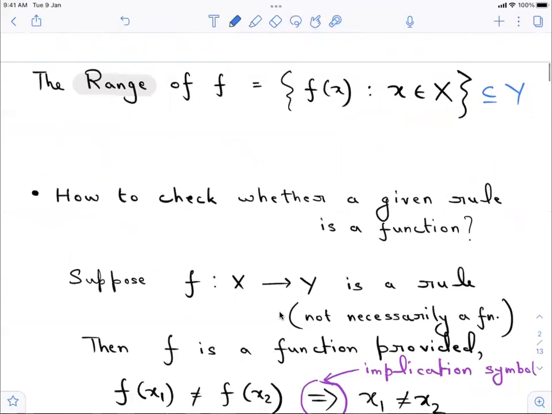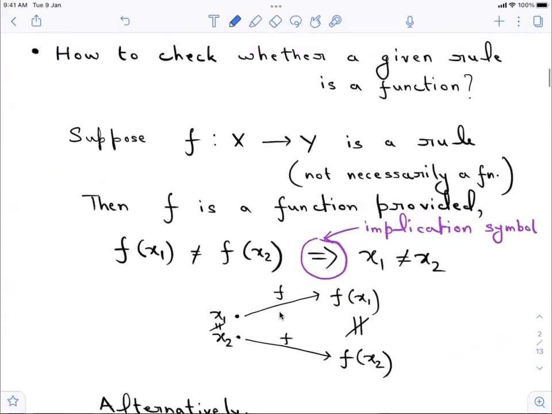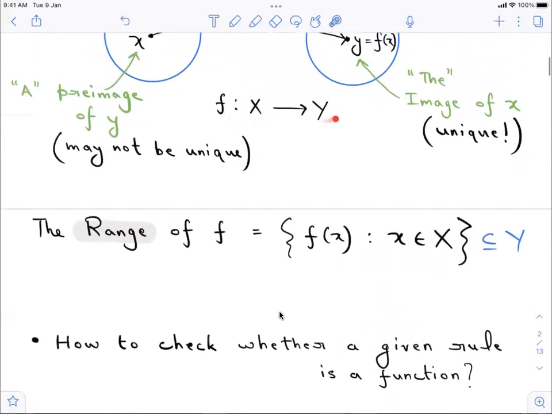Okay, and then sometimes you're given a rule and you do not know whether it's a function. So how to check whether a given rule is a function or not? So it's pretty simple. So suppose x to y, generally this expression is used to denote a function. So that's what we're using here.